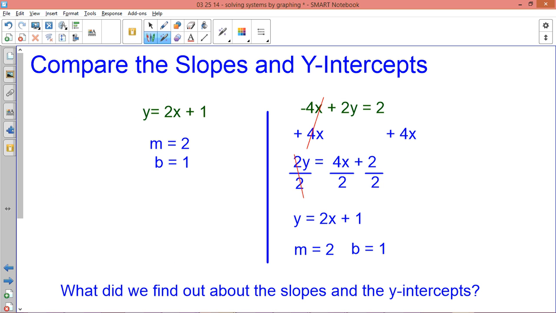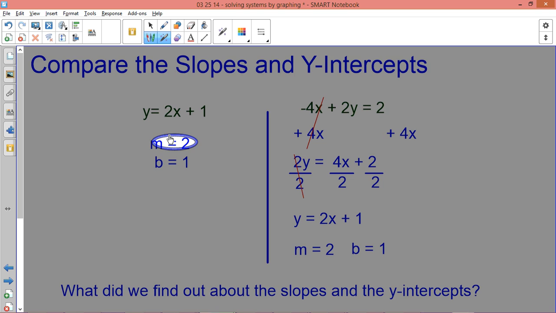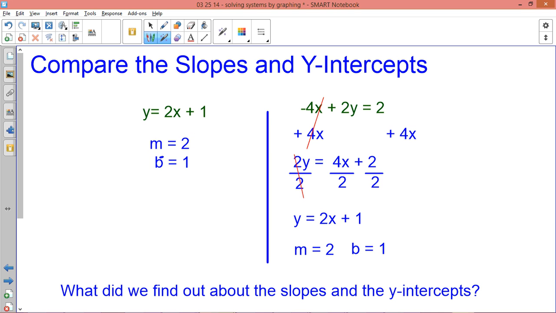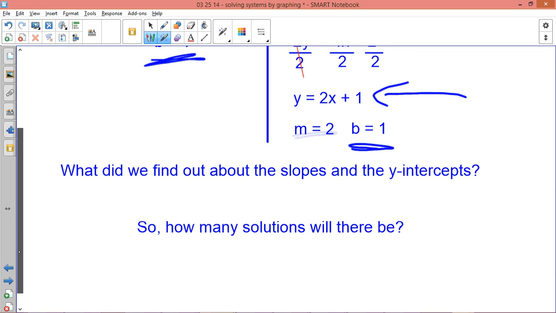Once again, we start with two equations. We'll have to solve them both to get them in y equals mx plus b form. And once we do, if we look and we see that the slopes are the same, so 2 and 2, and the y-intercepts are the same, 1 and 1, which basically means I have the same equations, then you know that you will have infinite solutions.